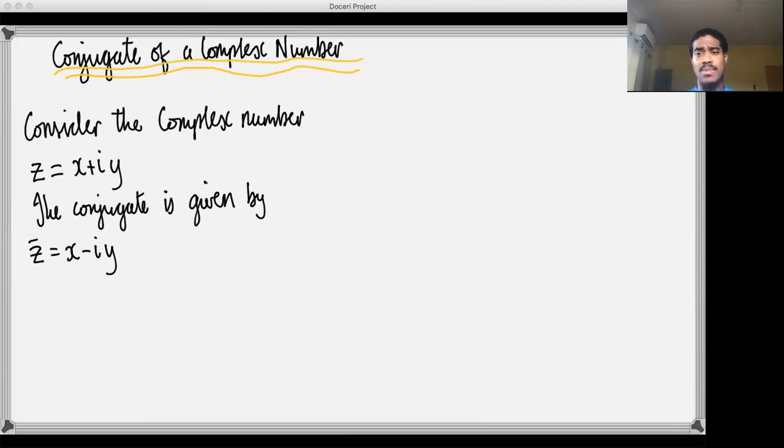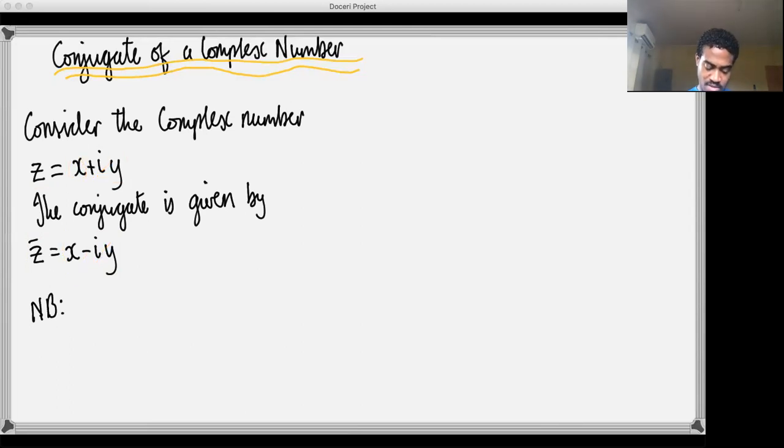So that is the conjugate of a complex number. With the conjugate of a complex number, we notice a few results, right? The first result we notice, and we just want to note these things, is that when you take the complex number, let's say z is equal to x plus iy, and we add it to its conjugate, z bar is equal to x minus iy, the imaginary parts will cancel off, and you'll be left with 2 times x.